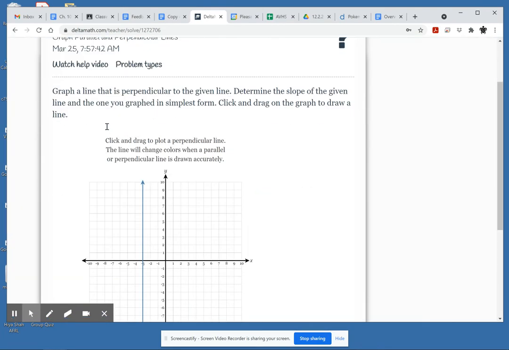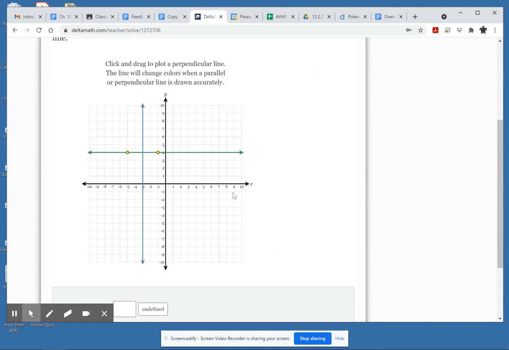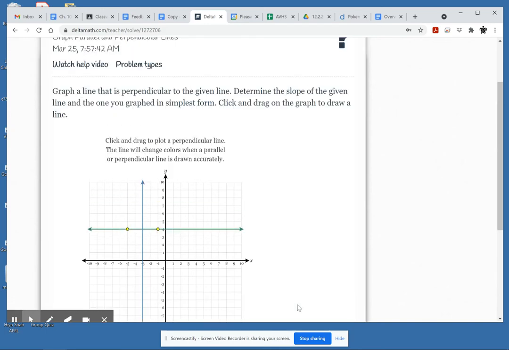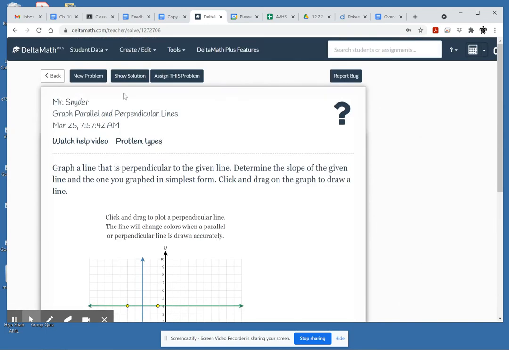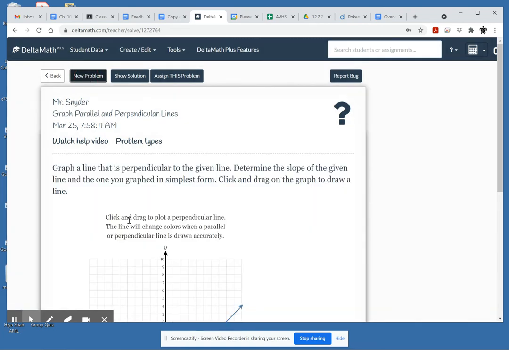If it's perpendicular, okay, this one is fairly more straightforward. If it's vertical, the perpendicular slope is going to be horizontal. And so the original slope is undefined. The perpendicular slope is 0. But there could be ones where it has, let's say, a perpendicular slope, but it's not horizontal or vertical.